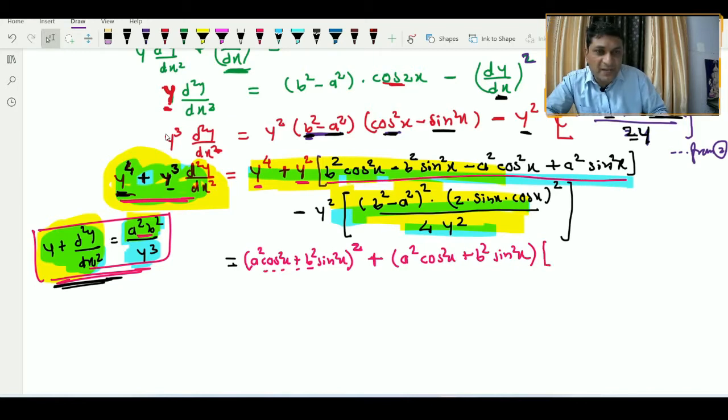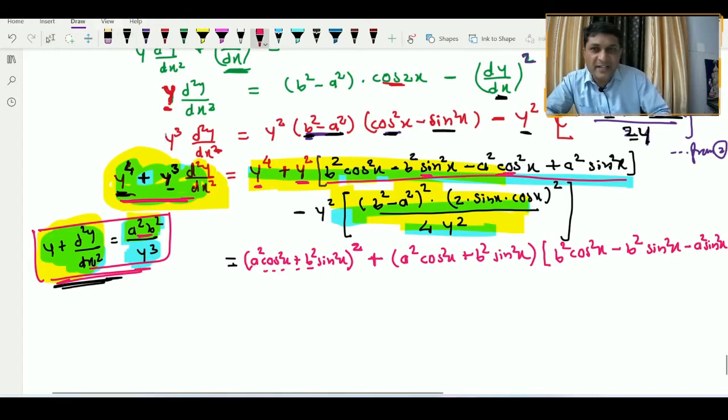So observe here what we are getting: b square cos square x minus b square sin square x minus a square sin square x, and a square b square cos sin square x already we have written, a square cos square x, and then a square plus a square sin square x. Okay, here y square and y square will get cancelled.